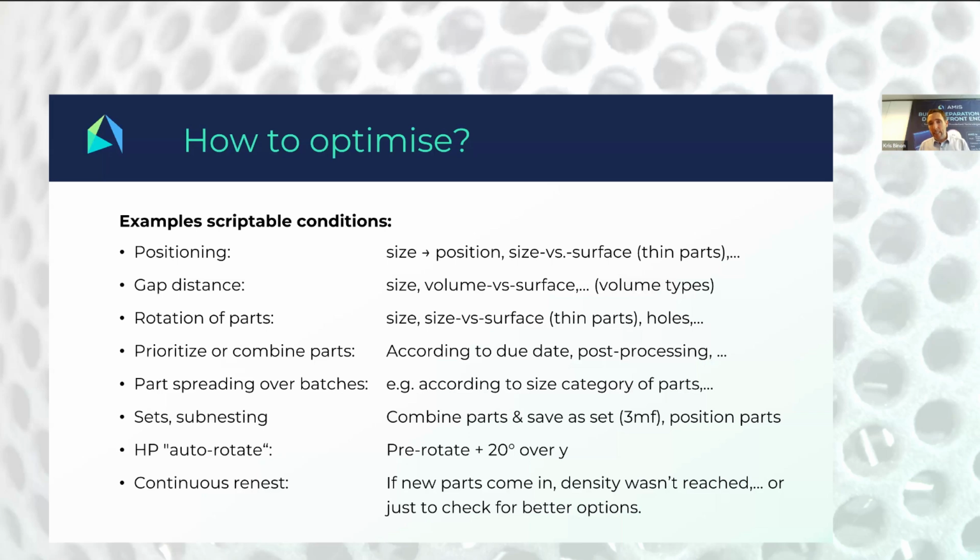You can also automatically assign a gap distance, which is also part of the demo, by the way, meaning if a part has certain features, then it should have a bigger gap distance, or a lower gap distance. That's all possible. You can start rotating parts, which means also you can analyze parts, so you can say something about its shape and how it could be positioned.